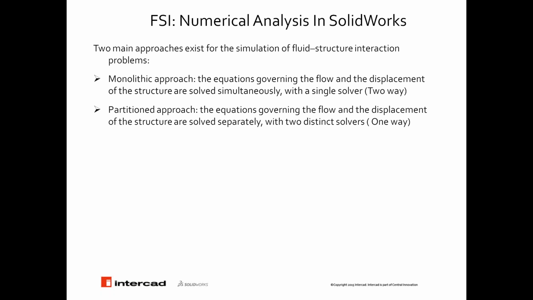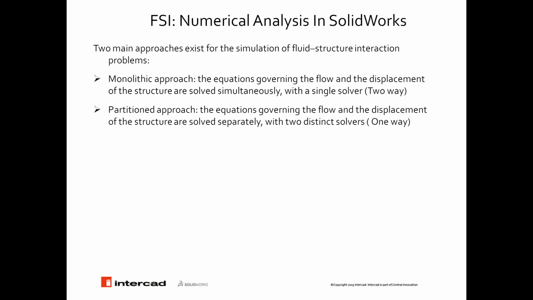We have one single software, and the good thing about this one is that when a fluid is moving or deforming your structure and a new fluid domain is generated, this type of solver can regenerate the mesh and update the fluid domain after the structure is deformed and updated itself. So this scheme is also called two-way FSI.